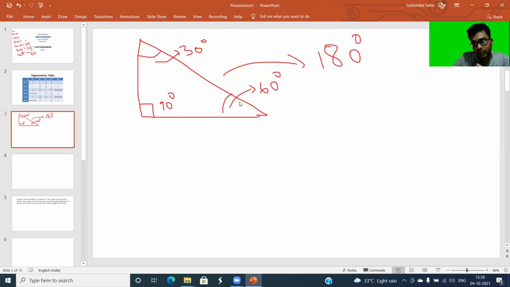If the angle is 60 degrees, then this side value is 1, and opposite the 30 degree angle, the value is root 3.